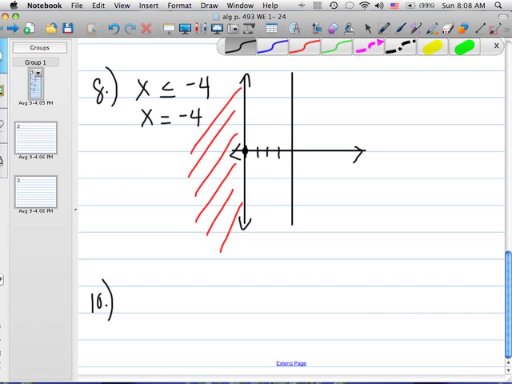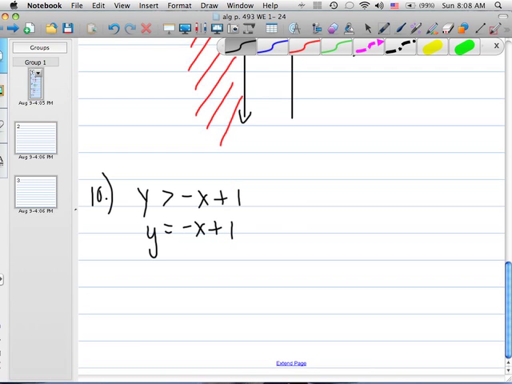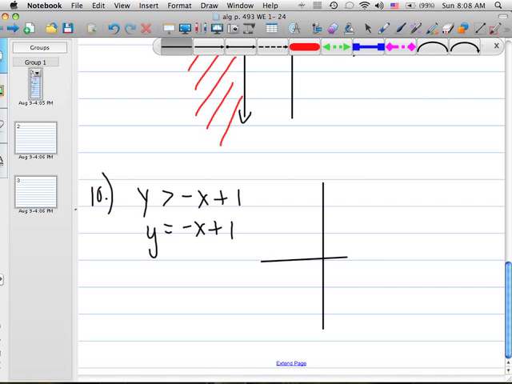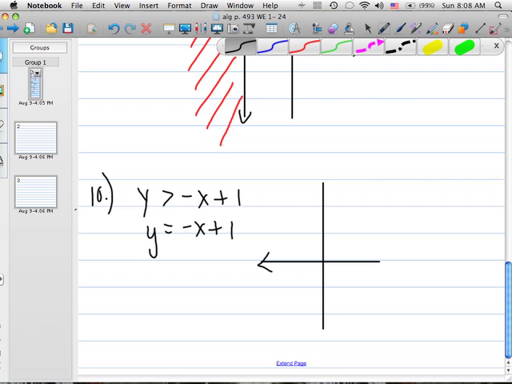Problem number 10, we have y is greater than negative x plus 1. The boundary equation is y equals negative x plus 1. Drawing our coordinate plane. The intercept is 0, 1. So we put a point at 0, 1, x is 0, y is 1.